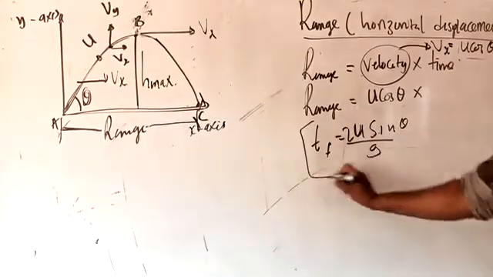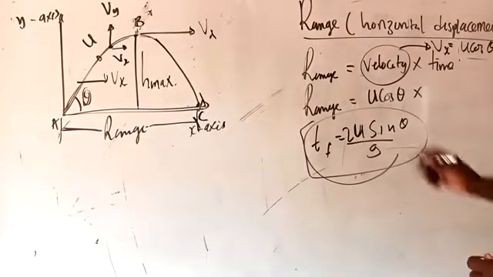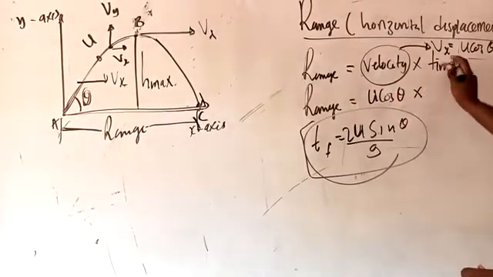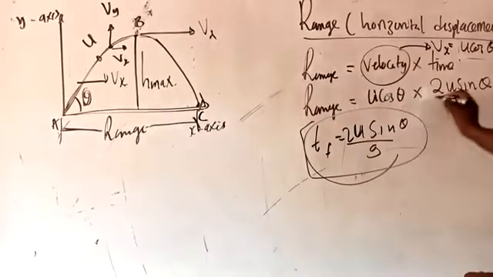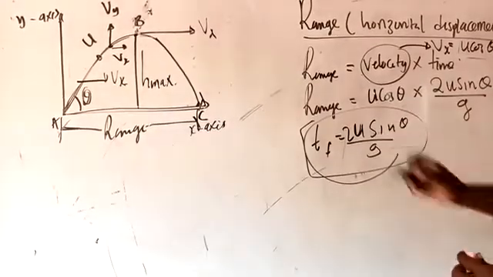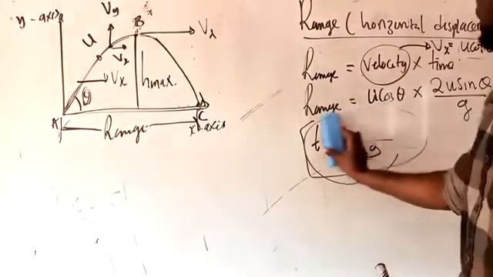Remember this, this is what we derived as the time of flight. So u cos theta multiplied by the time of flight, which is 2u sine theta over g. I'm going to erase this time of flight because we already dealt with it in the previous section.